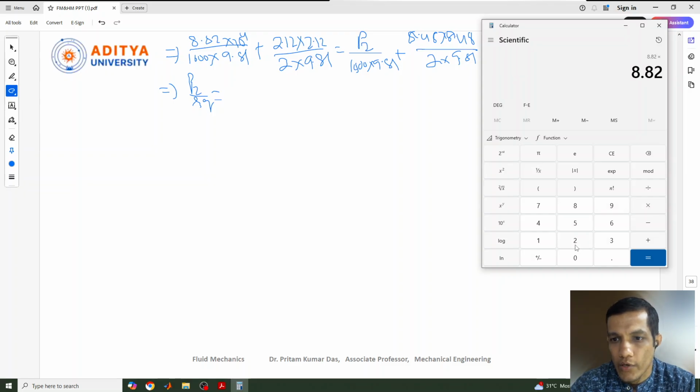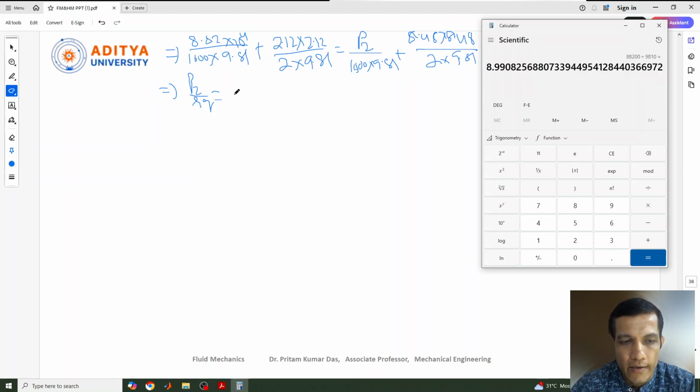8.82 into 10 to the power 4, divided by 98110.